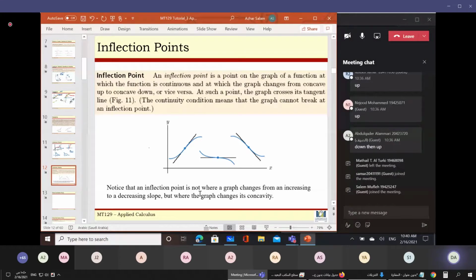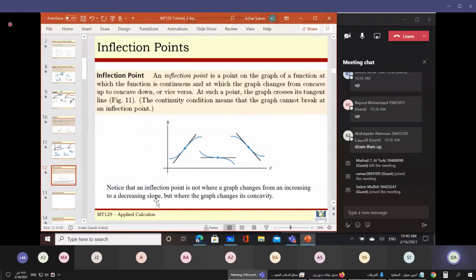Notice that an inflection point is not where a graph changes from increasing to decreasing. لاحظوا هنا أنا ما أتكلم عن تزايد وتناقص الدالة، أتكلم فقط عن concavity. It only changes from concavity up to concavity down, or the opposite. When I talk about the increasing and decreasing change, I'm talking about the maximum and the minimum.